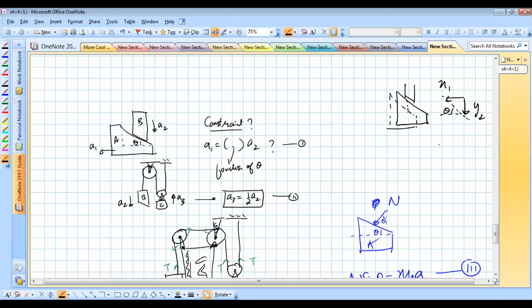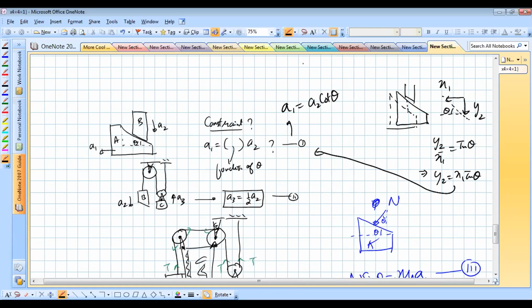So as you can see, y2 by x1 is equal to tan theta, or y2 is equal to x1 tan theta. So now double differentiate this and you'll get that A1 is equal to A2 cot theta, or A2 is equal to A1 tan theta.